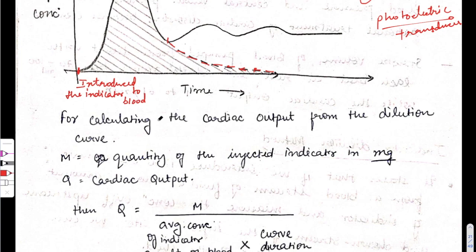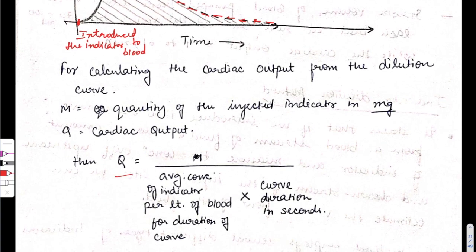Here it is saying m is the quantity. Take m as the quantity of the injected indicator in milligrams, and q is the cardiac output. Then the cardiac output will be the quantity of injected indicator upon the average concentration of indicator per liter of blood for the duration of the curve, multiplied by the curve duration in seconds.